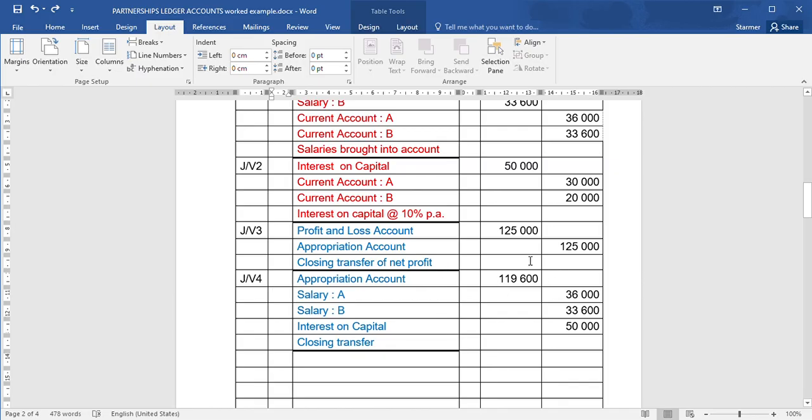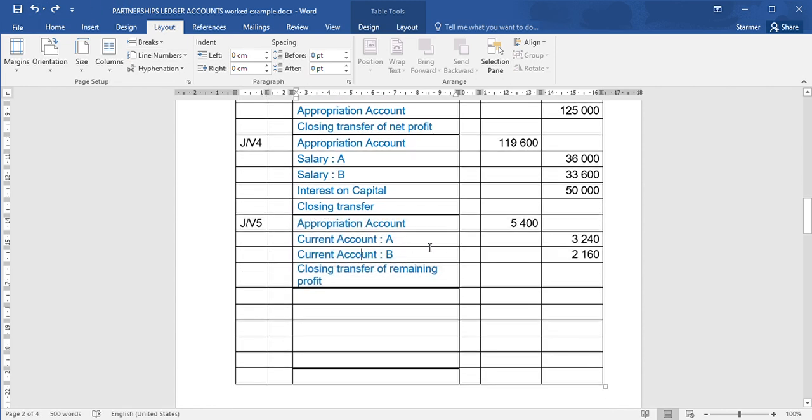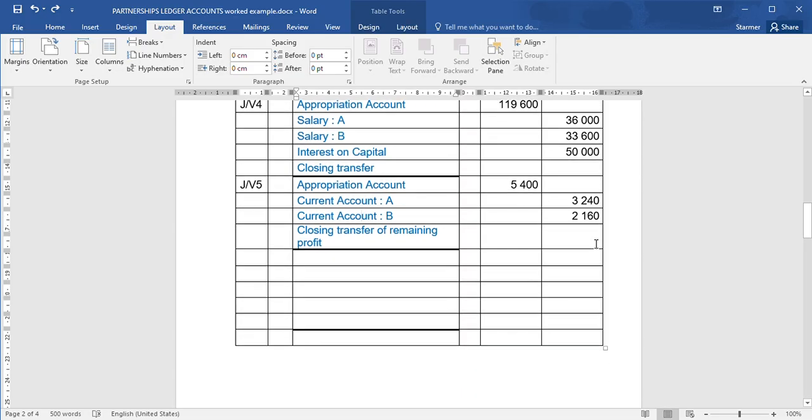Now if you look at this net profit here, minus your salaries and interest on capital, that will give you whatever profit is left over, remaining profit. So to do the entry for that, you're going to need to take it out of the appropriation account and record it in their current accounts.